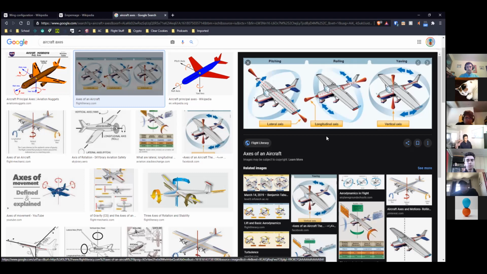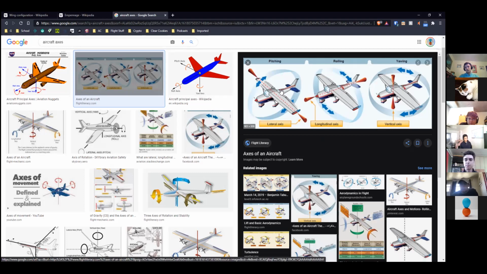In case anyone didn't already know this, the way a plane turns, like changes which direction it's flying over the ground, is not by yawing, even though you would think, well, you just turn sideways. It doesn't really work that well. So instead you roll.